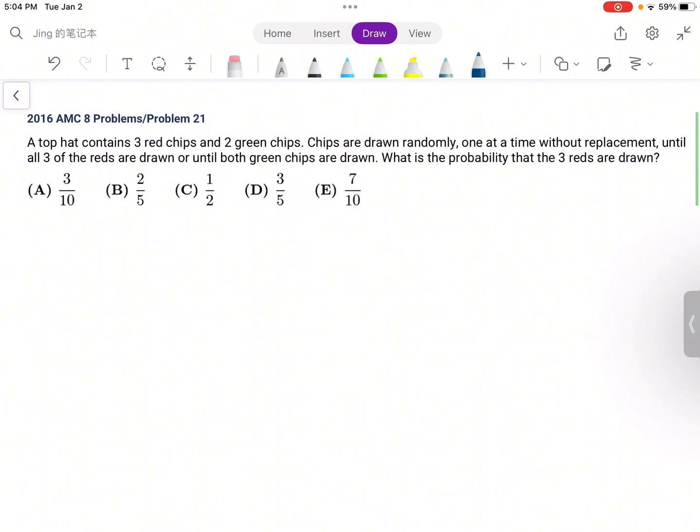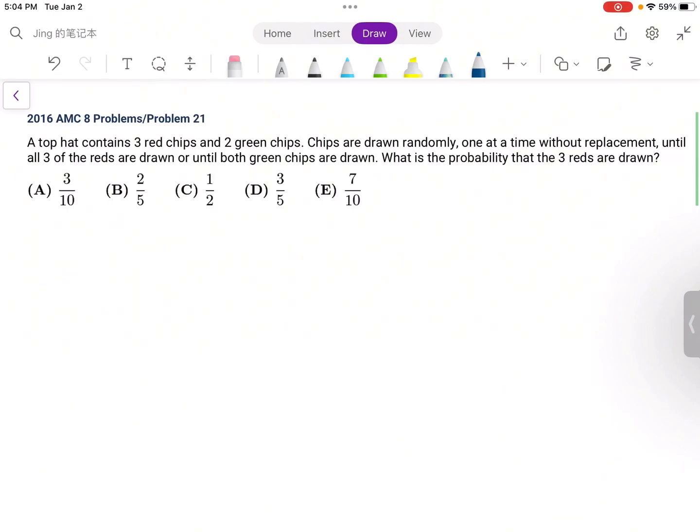To draw all 3 red chips, 1 green chip has to be left at last, because if the 2 green chips are withdrawn and 1 red chip is left at last, then the game stops whenever the 2 green chips are drawn.